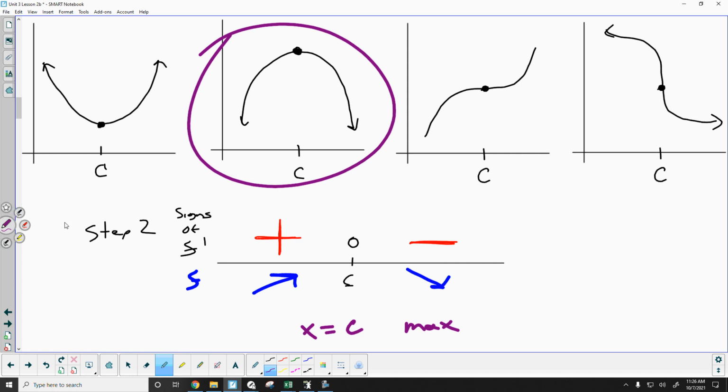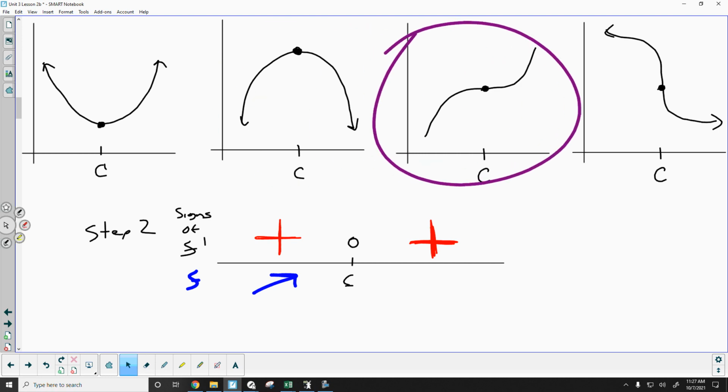Now, what would happen, though, if I did the analysis, and we're about to figure out how to do this, and I got positives for f prime to the left of c, and I got positives to the right of c. What situation would I have now? Which one? Ooh, would it be a minimum? It's actually one of these four. Which one is it? The third one. Thanks, Morelli. This one.